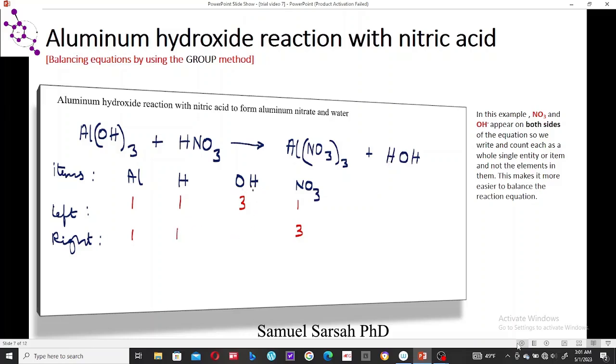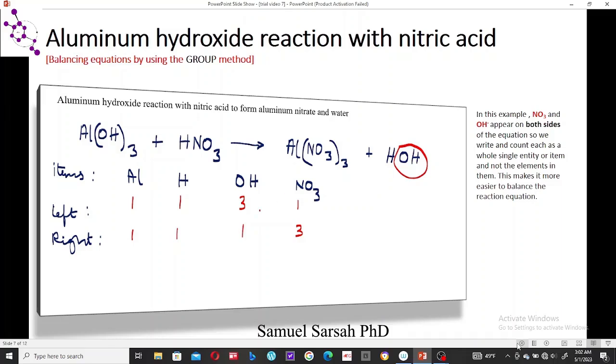Then the OH, we have only 1. Okay, so the aluminums are okay, the hydrogens are okay, but the OH and the nitrates are not balanced, because we don't have equal numbers on both sides.